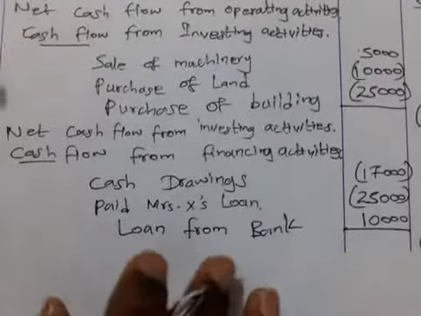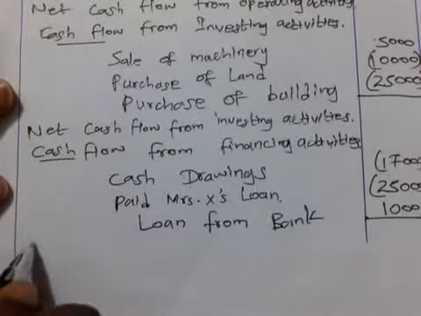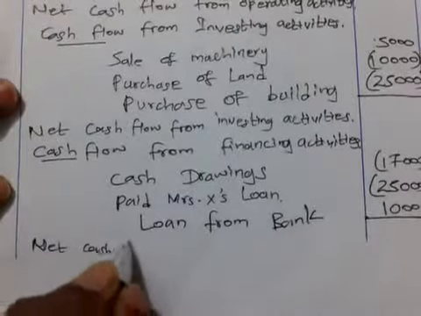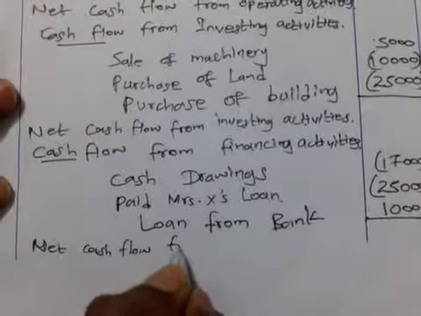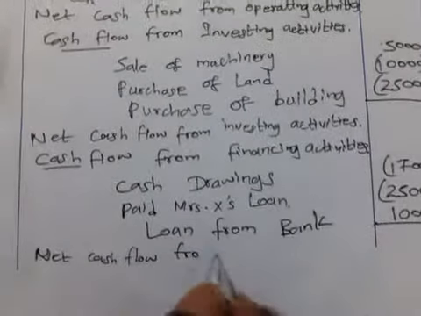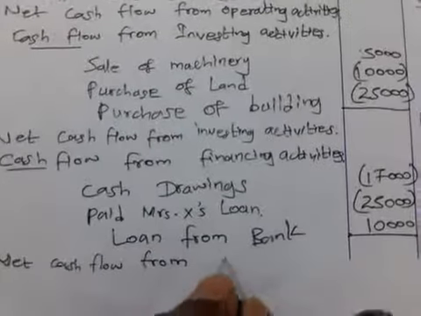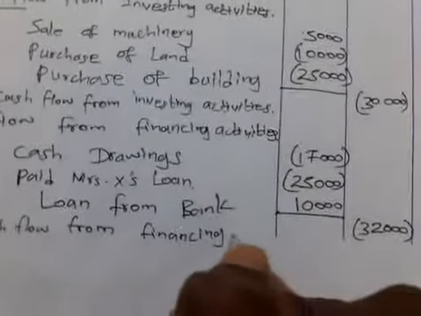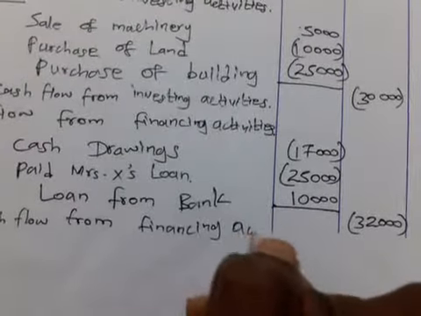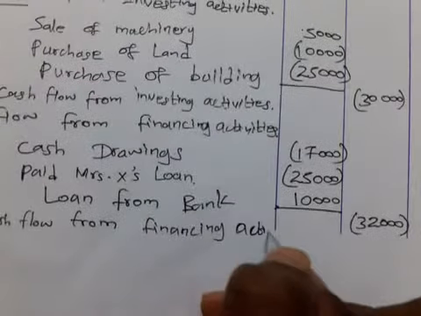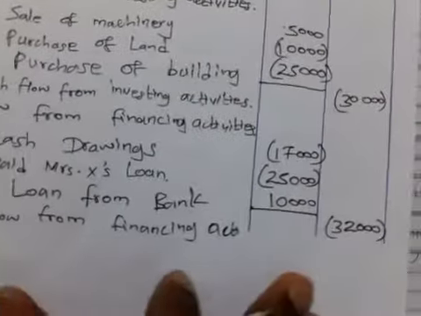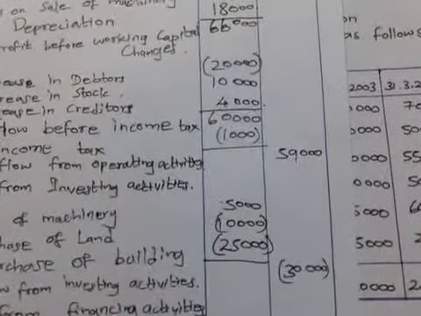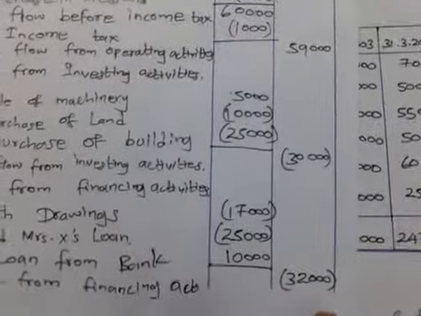This is the net cash flow from financing activities, 32,000.